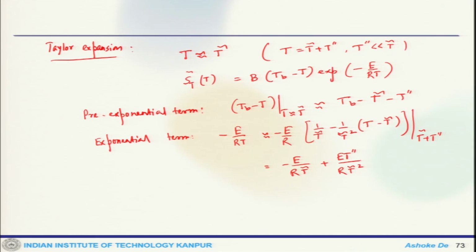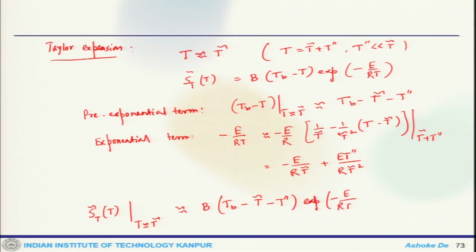So if I couple these two expressions together, the final one is S at T, B (Tb minus T), exponential E by RT, and exponential E by R T square. So that is it.